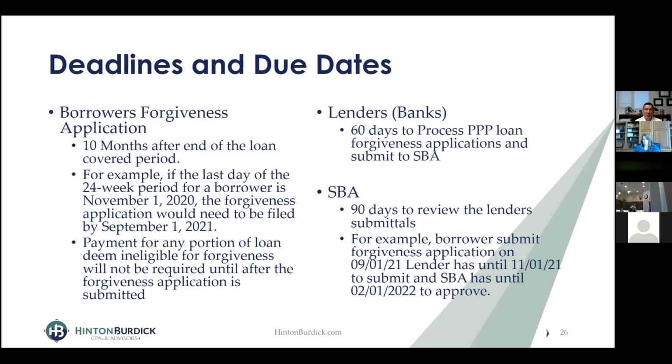So one point is we'll want to get these loan forgiveness applications in as soon as possible. And two, we'll want to determine the reduction of expenses, what that's going to look like, as soon as we can after the end of the year.